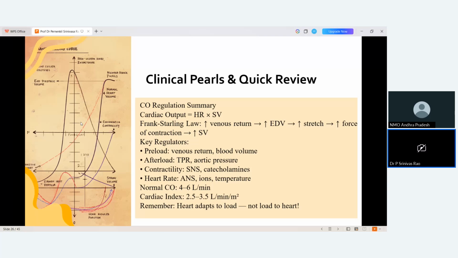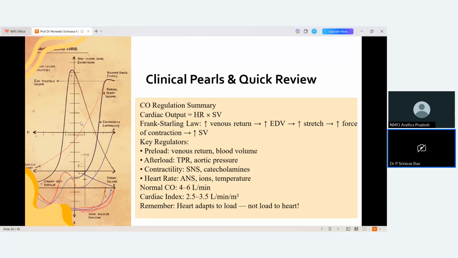The volume of blood which is present at the end of diastole just before the systole. Why is there an increase in stretch and increase in force of contraction? Within physiological limits, the stretch will cause an optimum overlap of the actin and myosin fibers, which causes the increase in the force of contraction. So this causes an increase in the stroke volume.